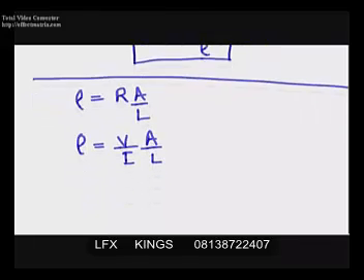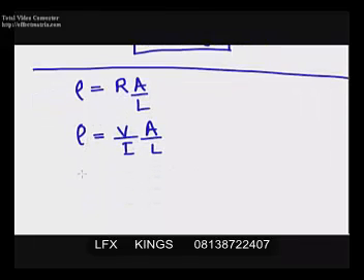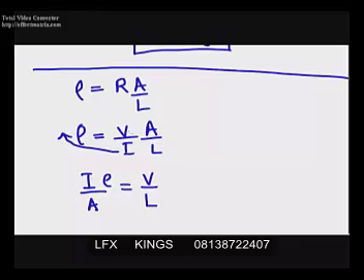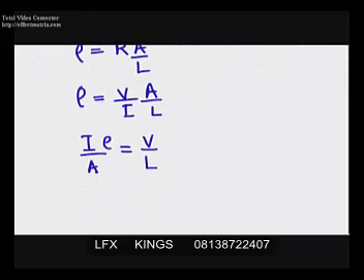Let's just reshuffle the equation. We take I to this point, so I multiplied by resistivity divided by A is equal to V divided by L. We simply took I to this point and we took A to this point, and that gave us I over A. If we remember, we told you that current over area is current density.